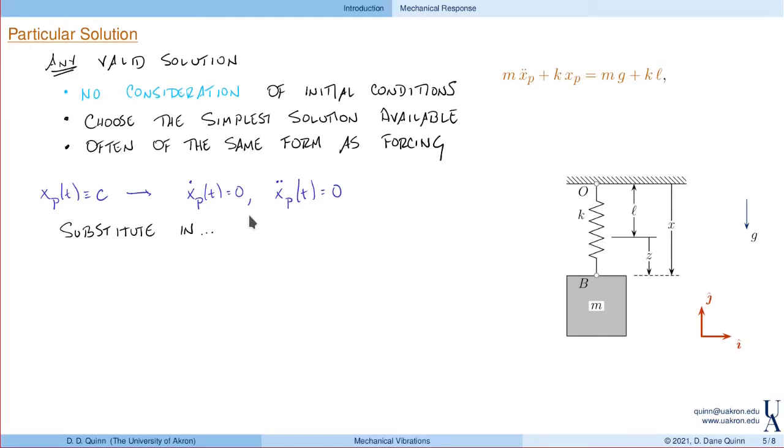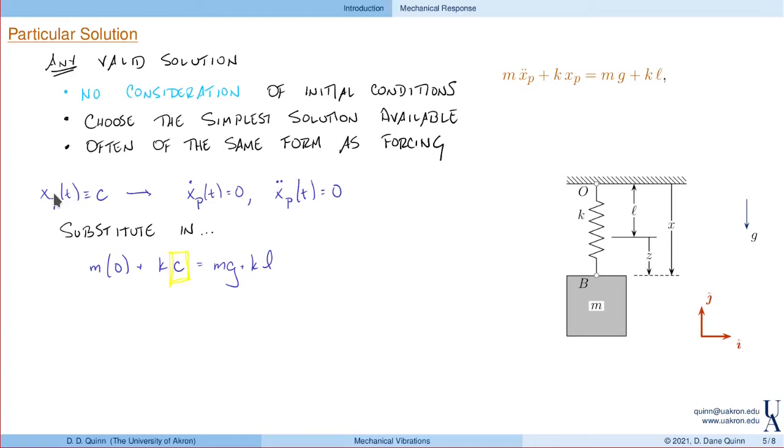Well, we get something that's pretty easy. x double dot here is 0, so I get m times 0. k times C is just a constant, and I want that to be equal to mg plus k times L. So I need to solve for C. C is my unknown particular solution.